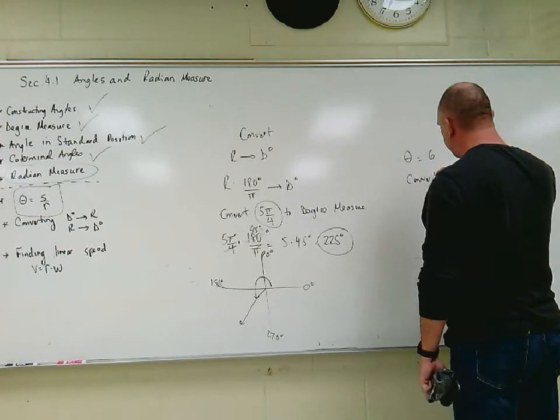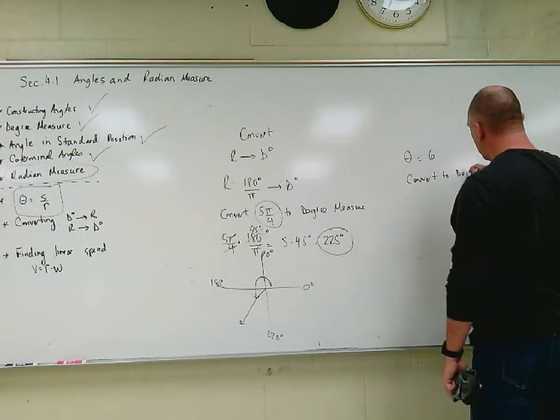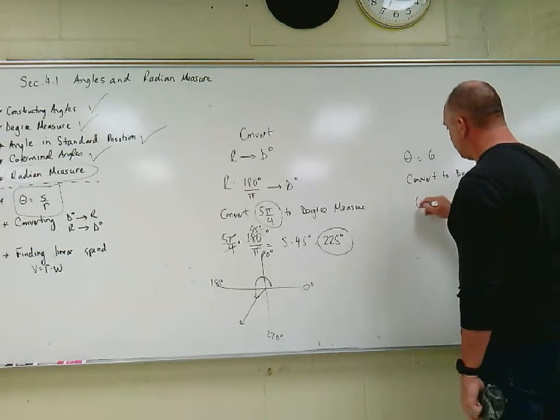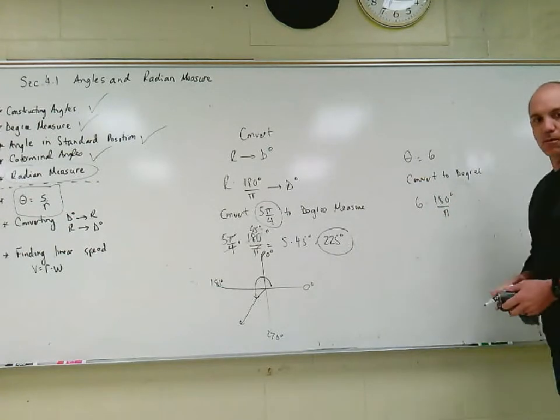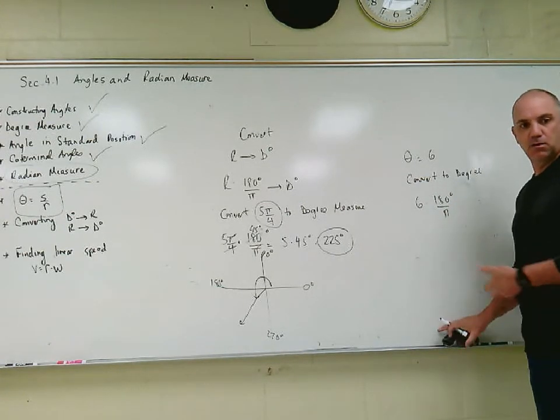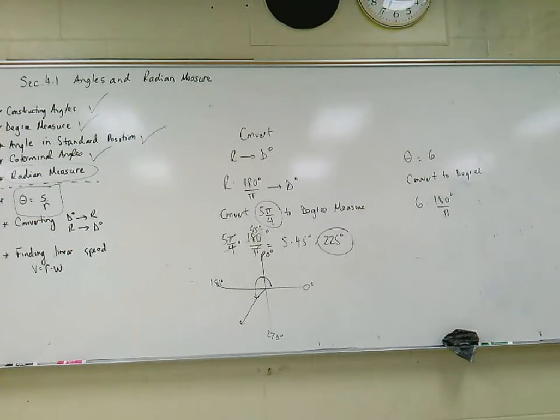Well, I still use the same multiplier. 6 times 180 over pi. Now, what I'm going to do is grab a calculator real quick, type it in and get a decimal. You can round to 2 decimals.